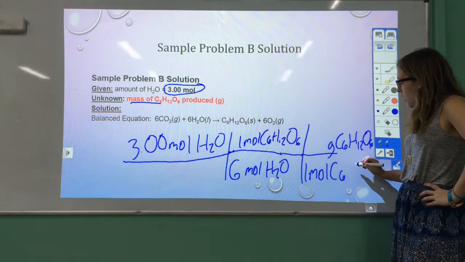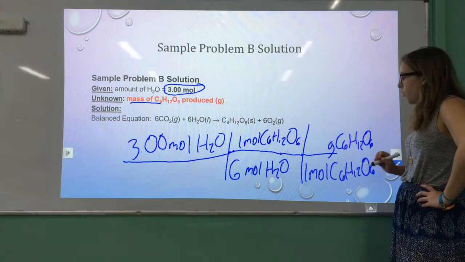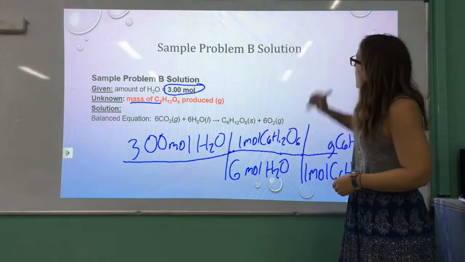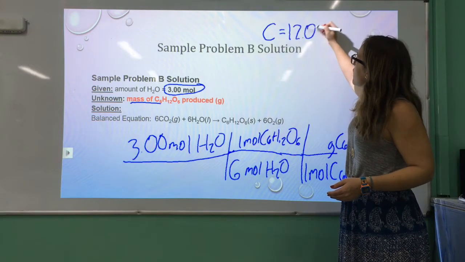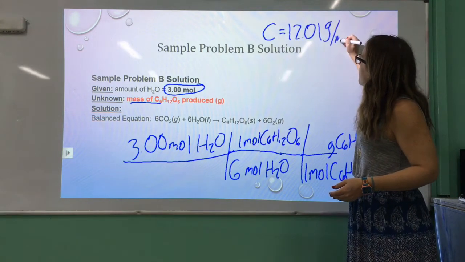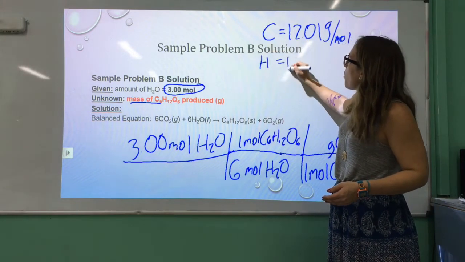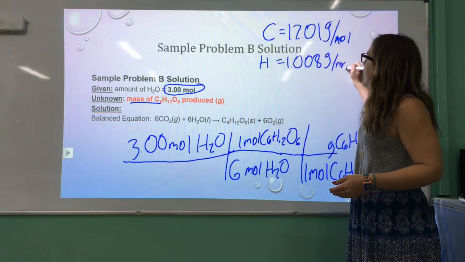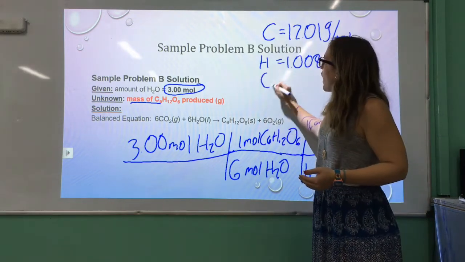So the molar mass of glucose will give us grams of glucose over moles of glucose. If this is not given to you, you know how to do this, but I will refresh your memory. Carbon, we know, has a molar mass of 12.01 grams per mole. Hydrogen, we know, has a molar mass of 1.008 grams per mole. Again, these numbers are coming straight from the periodic table.